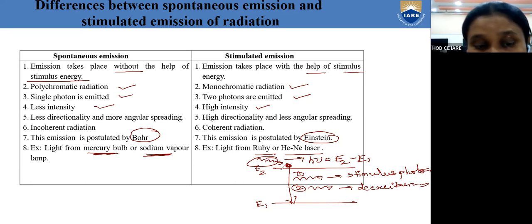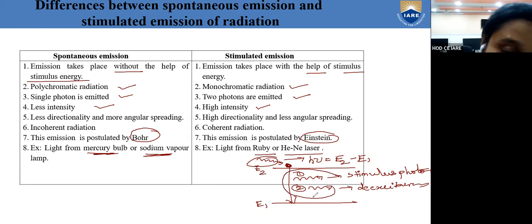You may get a doubt: if whatever photon I give is coming down, how will it give us coherent light? You will understand this phenomenon when I discuss lasing action. In lasing action, you will see how these 2 photons build up and how the number of photons increases. For the time being, what we have to understand is that to make this atom come down I use one photon.